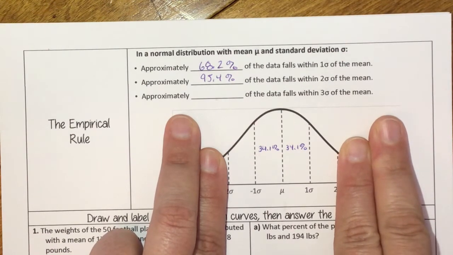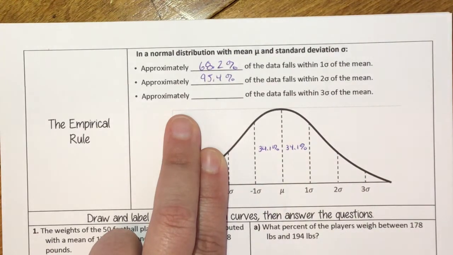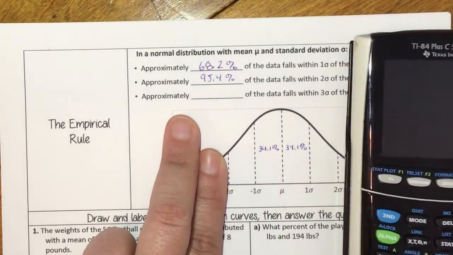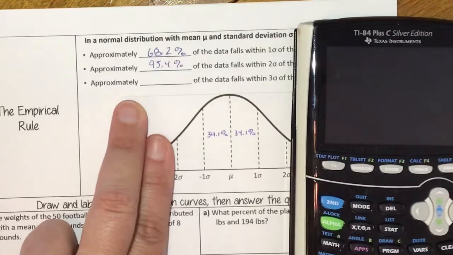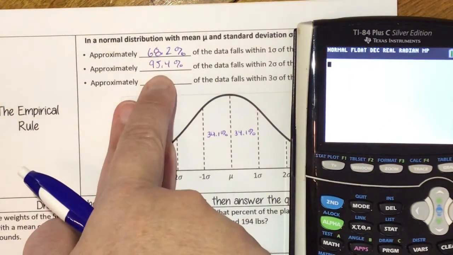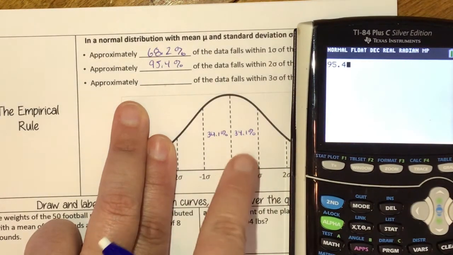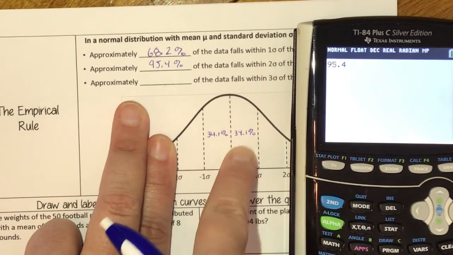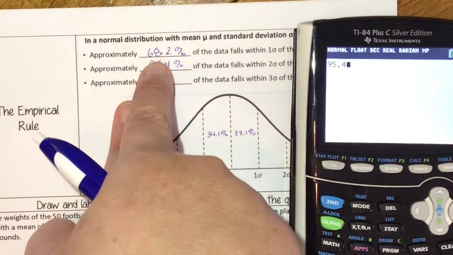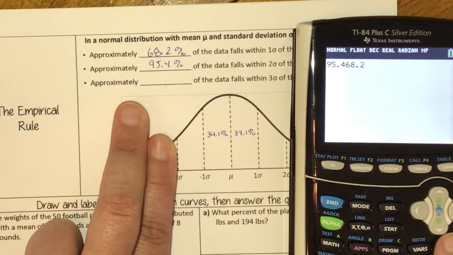So if 95.4% of all the data falls in there, and I already know that 34.1% and 34.1% fall in here, well, let's grab our calculator and do some figuring here. Okay, so let me scoot this over so you can see it. All right, so 95.4% falls in this whole region. And let me take out the 34.1% right here and the 34.1% right here. Remember, that was a total of 68.2%.